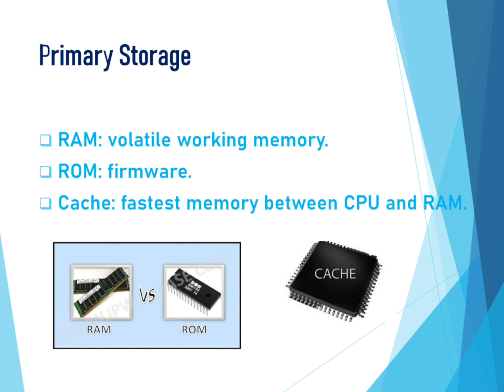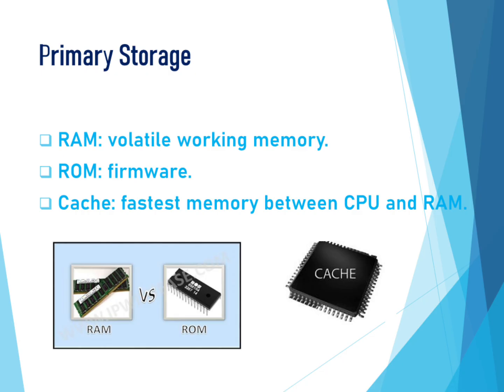Random access memory temporarily stores programs and data that are currently being used. When you open a game or a browser, it loads into RAM. But RAM is volatile memory, meaning all its data disappears when the computer is turned off.